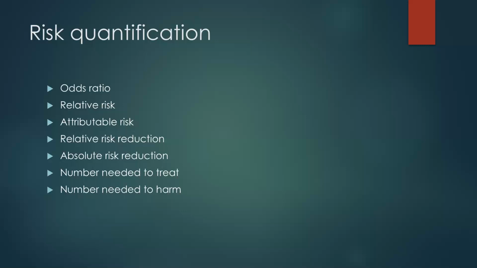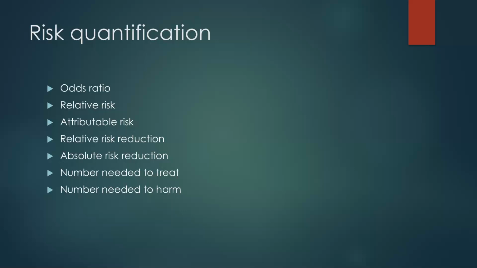A, B, C, D, lung cancer, no lung cancer, smoking, no smoking. Okay. Now, what information is attributable risk giving you?